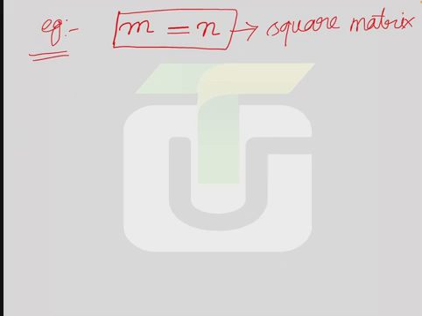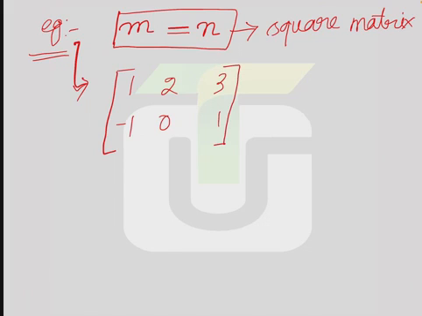So for example, suppose we have a matrix 1 2 3 minus 1 0 1. Here what is m? M means the number of rows. Always remember, m is the number of rows and n is the number of columns.